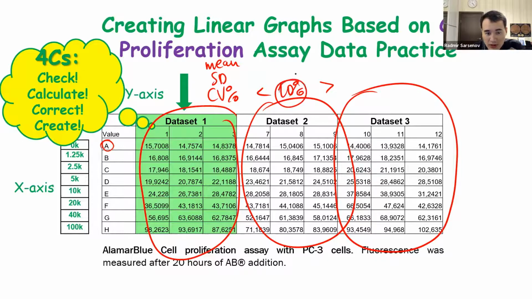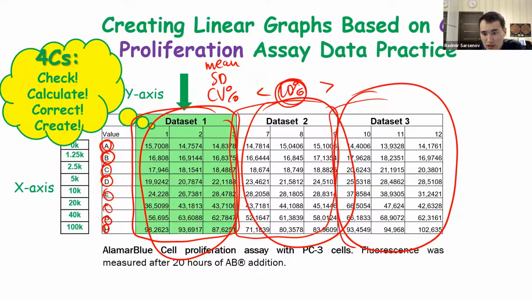The lower one should be fine to use to build your graph. If it's bigger than 10, then of course you might want to see if there are outliers in your dataset. After you find the blank, you do the correction for every RFU for each row. And of course, after you've done with the first dataset, you're going to perform the same calculations on dataset 2 and dataset 3. Is it clear?